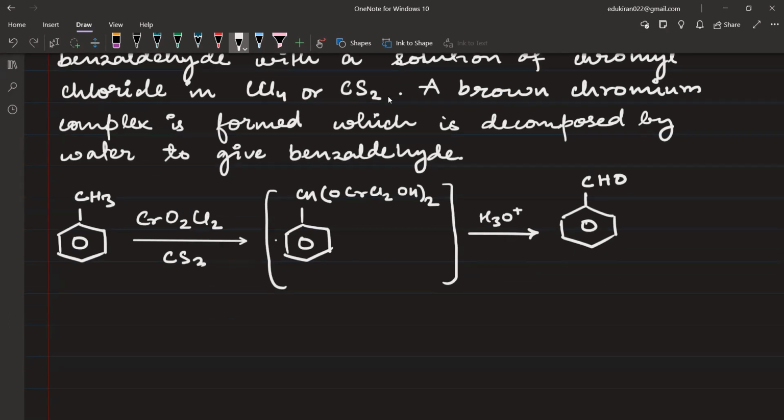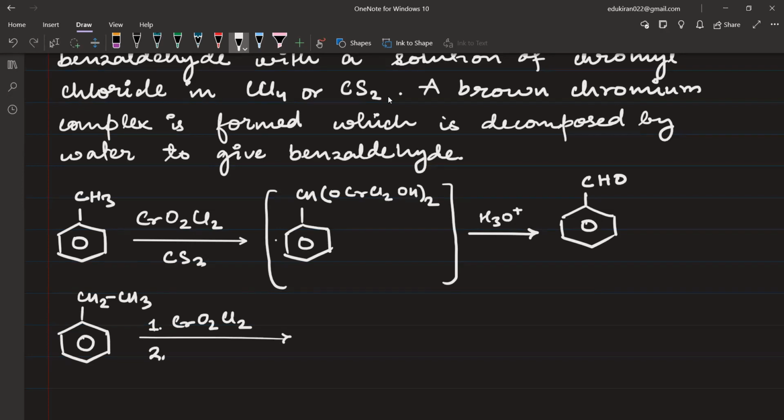Okay, if you have alkyl benzene with more than one carbon atom, such as CH2CH3, in the first step we have CrO2Cl2. I'm not writing CS2, that doesn't matter, because it is just a solvent. Reagent is chromyl chloride. Second step, H3O plus, and it is going to give me CHO in the terminal carbon. So you'll have CH2 as it is. After that, this CH3 will get converted to CHO.